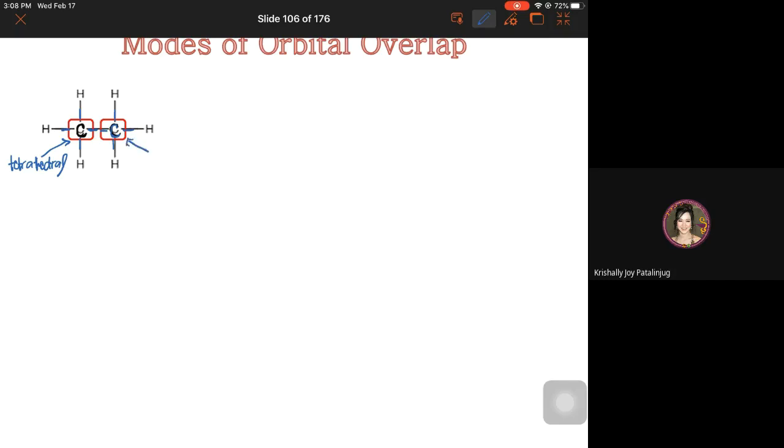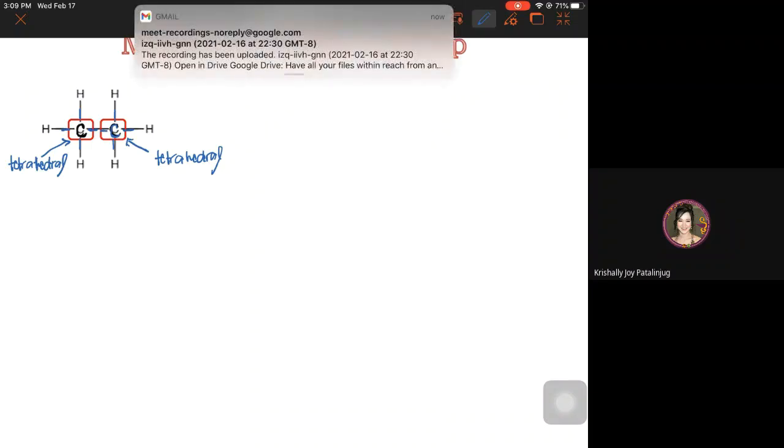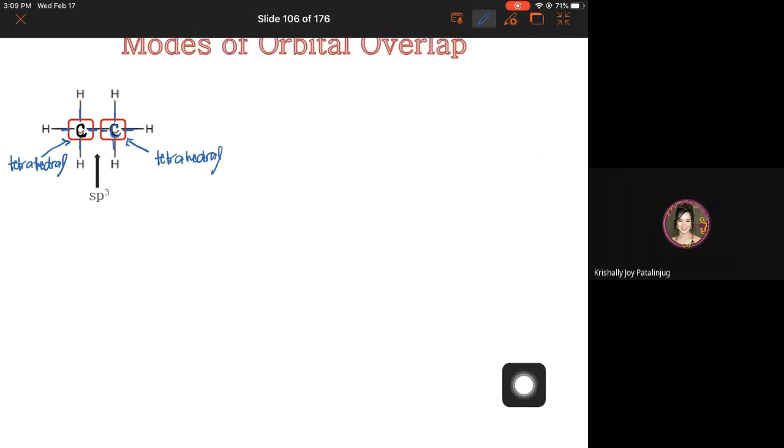So, for this molecule, we observe that the ethane molecule is tetrahedral at both carbons. That means the bond angles are near the ideal 109.5 degrees.